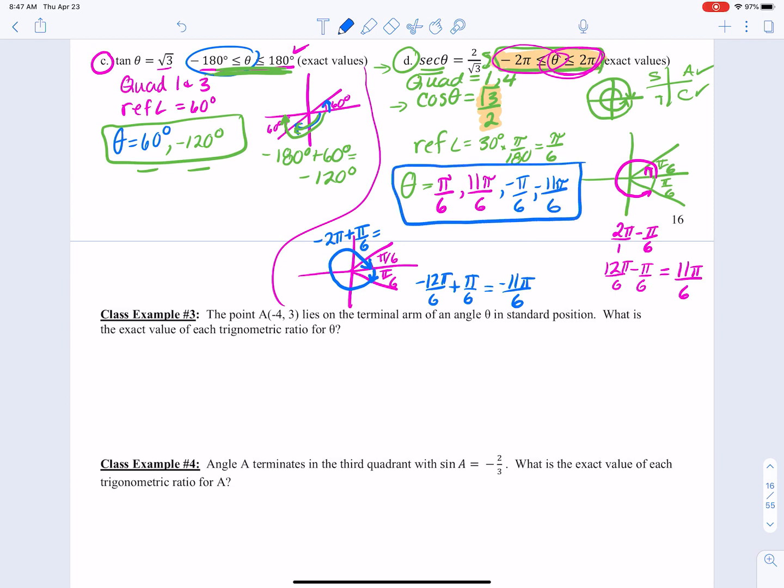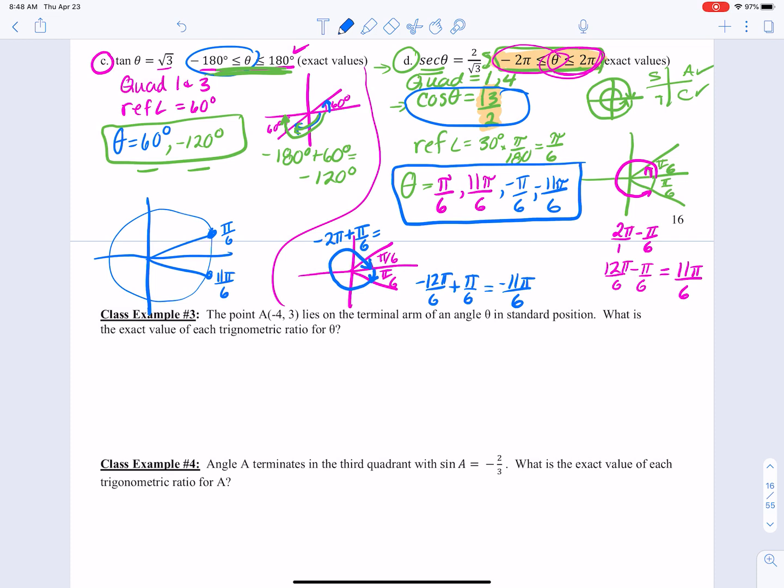And just on a side note, if you did notice that cos of root 3 over 2 is a unit circle angle, you would have found it at pi over 6 and 11 pi over 6, and that would have been perfectly okay to solve it that way.